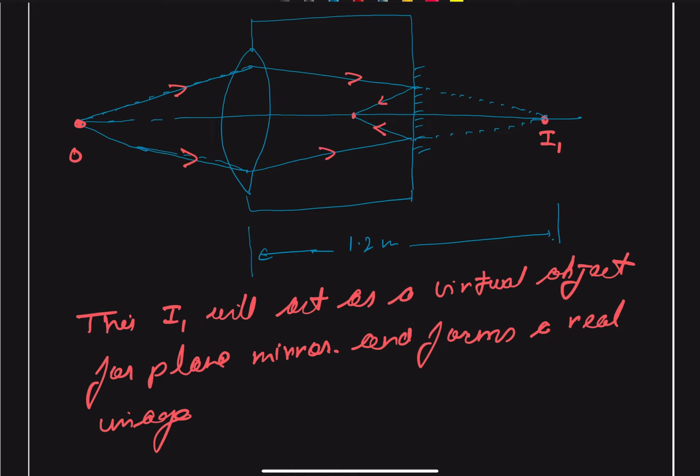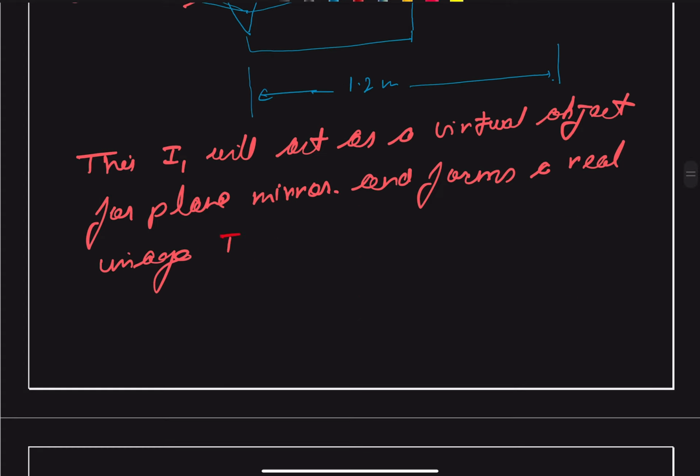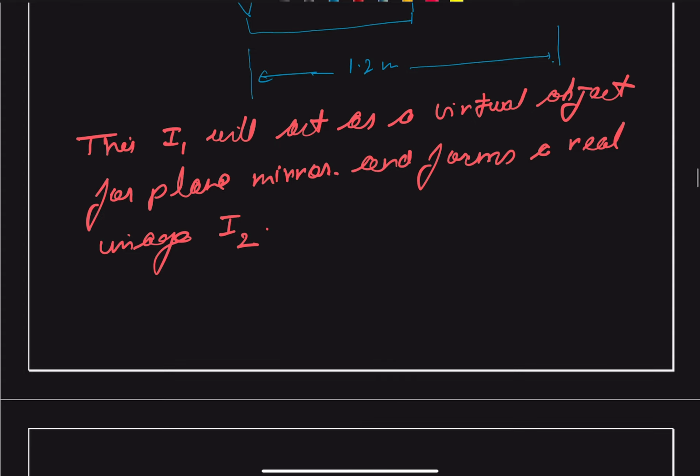And let us suppose that is I2, real image I2. And now this real image will further act as an object for the lens.